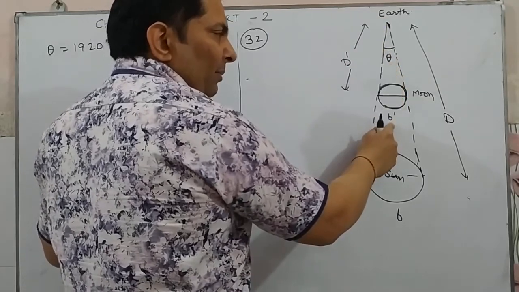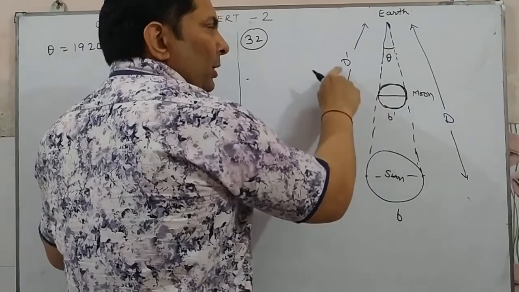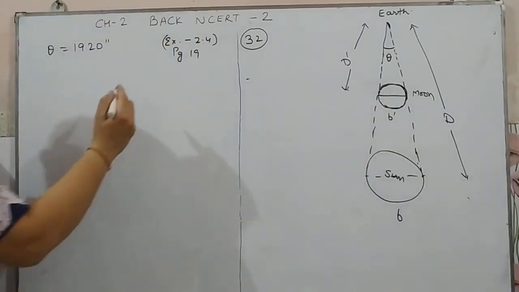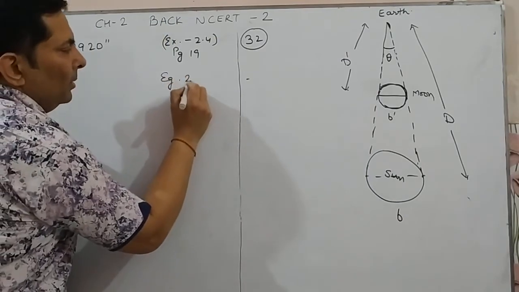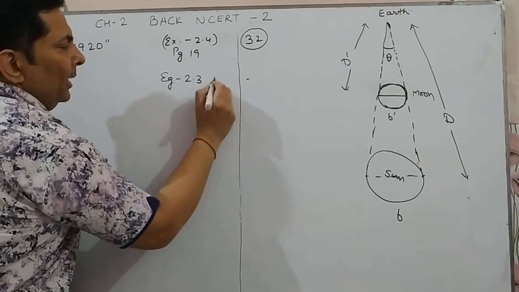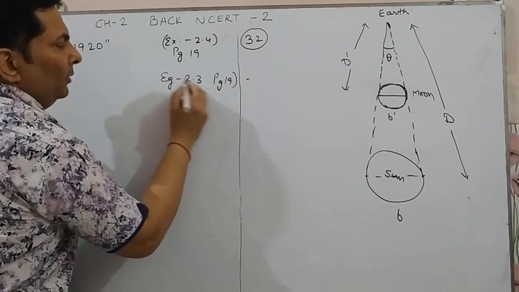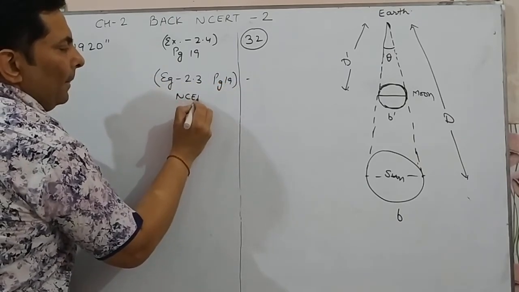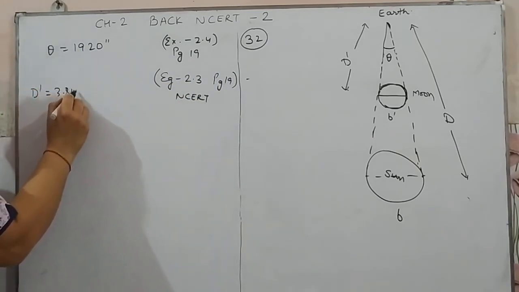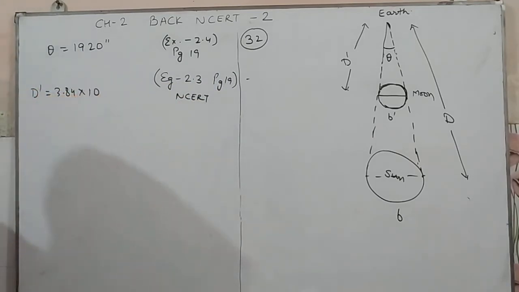We need to find b dash, that is the diameter of the moon. And we need the distance, from example 2.3, again on page 19 of the NCERT. You can see that d dash is equal to 3.84 × 10^8 meters.